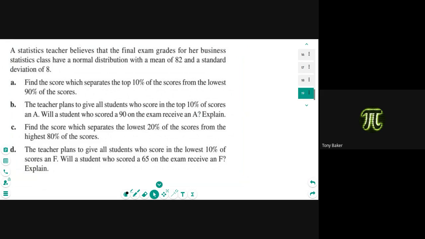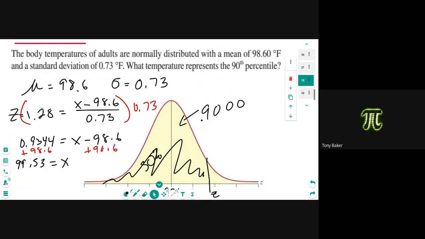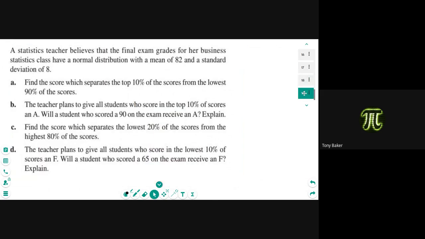And the nice thing is that's not going to change.